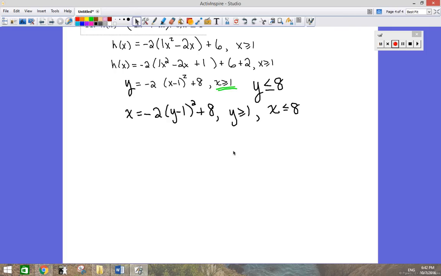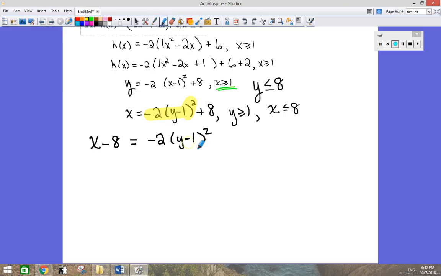So this equation, we want to get y by itself. Right now, on the right-hand side, the first term contains the y, and it's not by itself at all. I need to subtract 8 to begin to try and get it by itself. So first, I'll subtract 8. So now, this is negative 2 times the quantity y minus 1 squared.